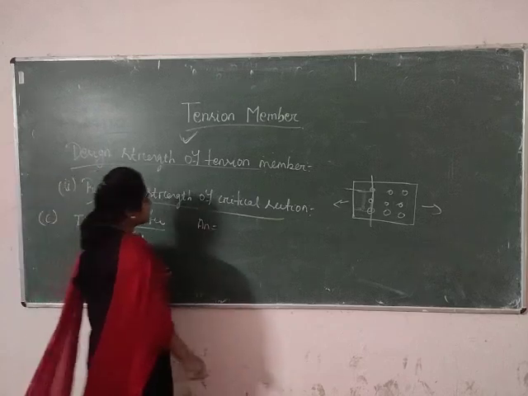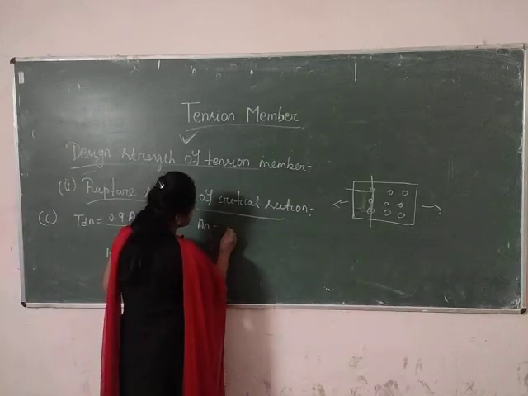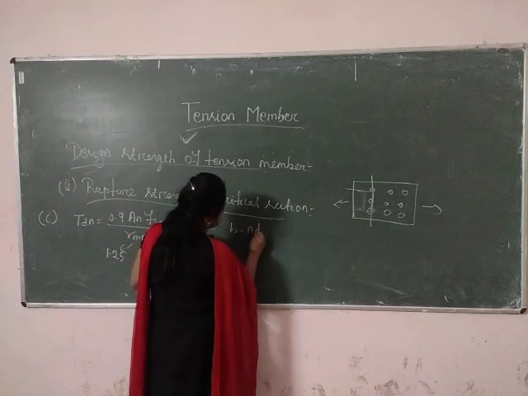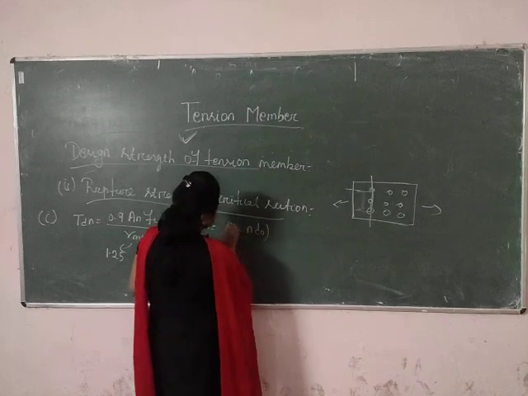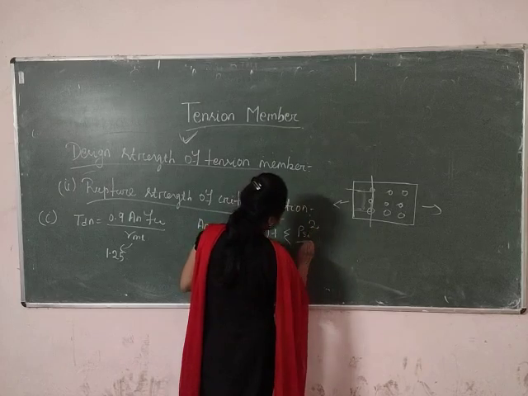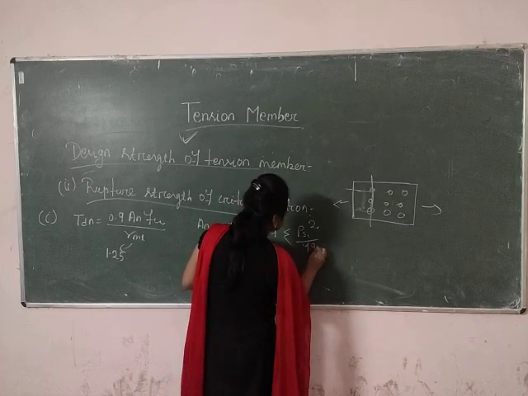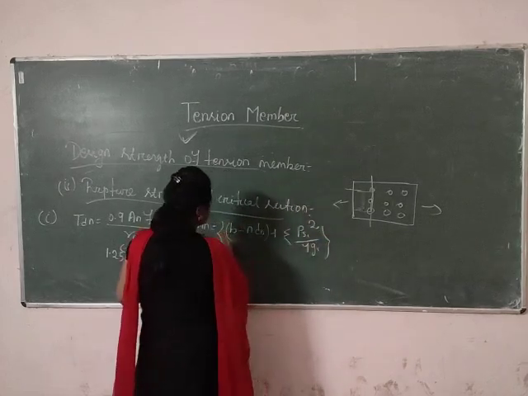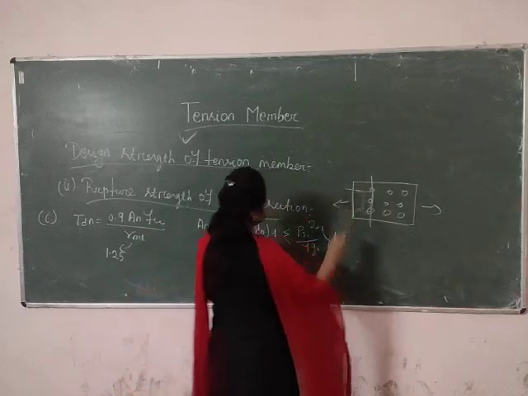Okay, then next come to net area, net effective area. That is calculated by (B minus n d naught plus summation of p s square divided by 4 g i) whole into thickness of the member.